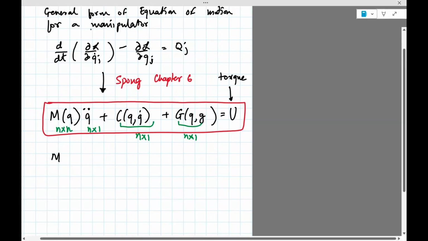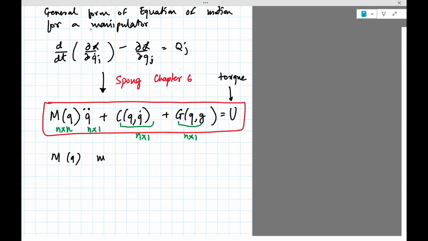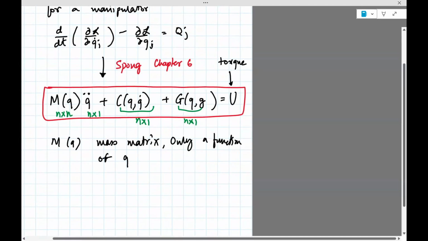M(q) is the mass matrix. The key thing is it's only a function of q. It's very important. This is a fact we'll exploit later on. It does not depend on velocity.